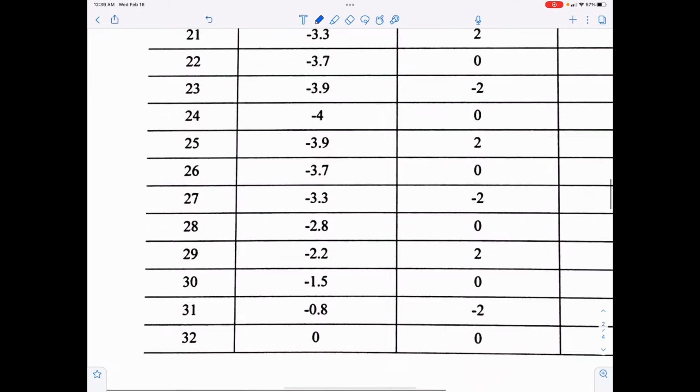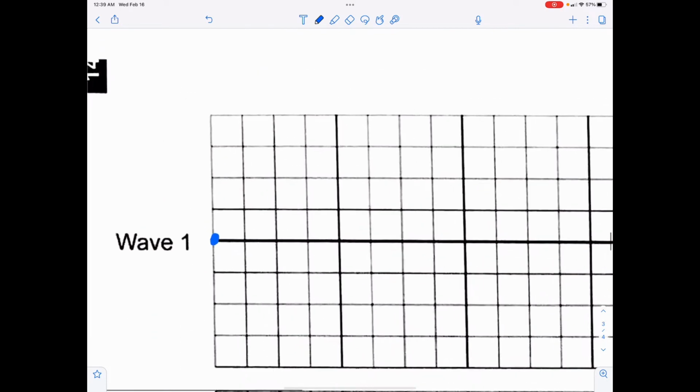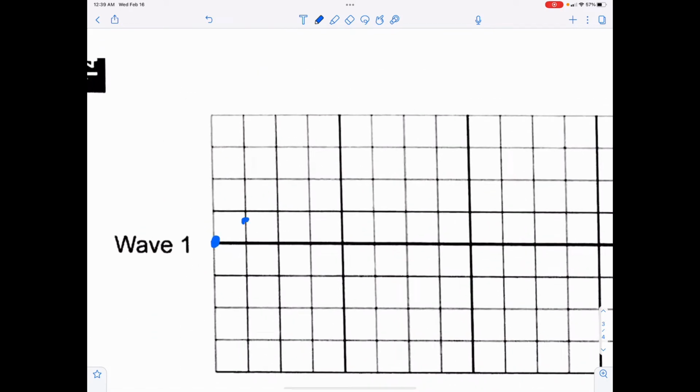The second one would be about 0.8, which is almost to 1. So this would be 1, 2, 3, 4 units high, and negative 1, 2, 3, 4 units high.